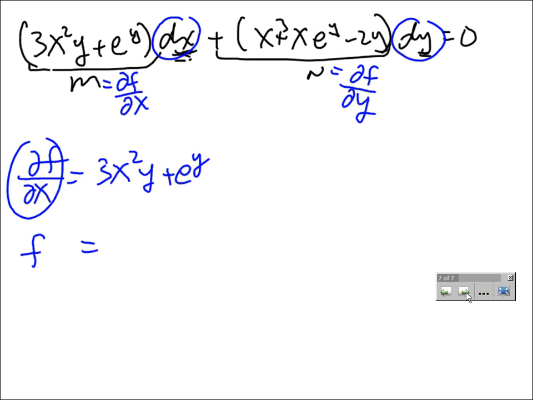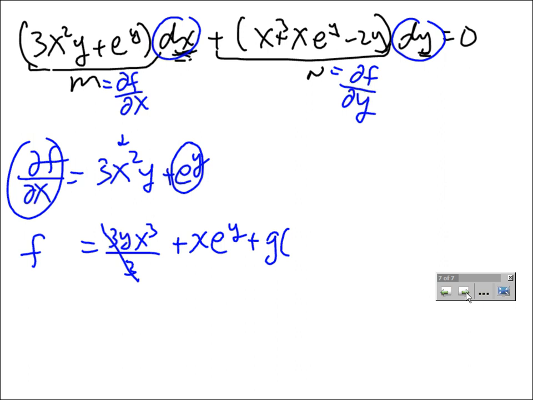This 3y is a constant. The integral of x squared is x cubed over 3. And the 3's cancel. Plus, this is a constant. When I integrate it with respect to x, I get x times the constant. Plus some function of the other letter, g of y.